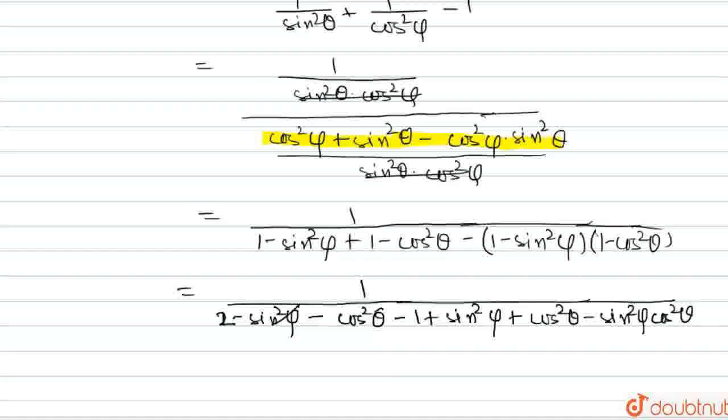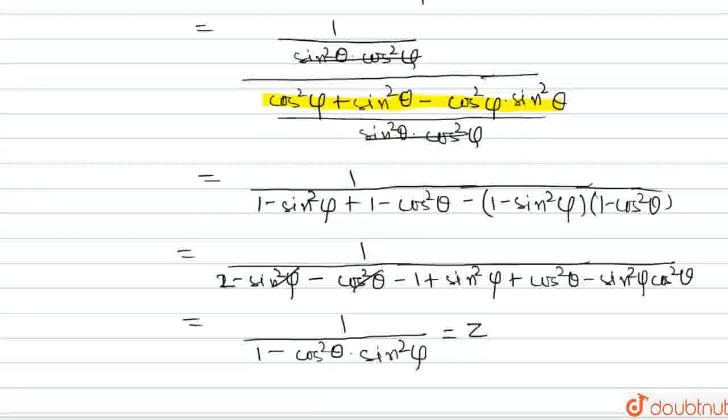Upon simplifying this whole term, we will get 1 upon 1 minus cos square theta into sin square phi, which is equal to z. Now we are able to prove that z is equal to xy upon x plus y minus 1 for the given values of x, y and z.